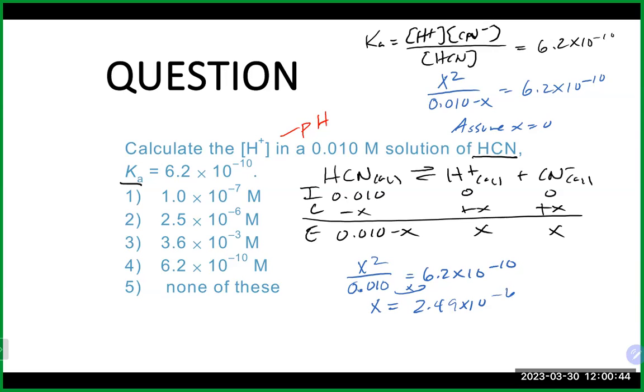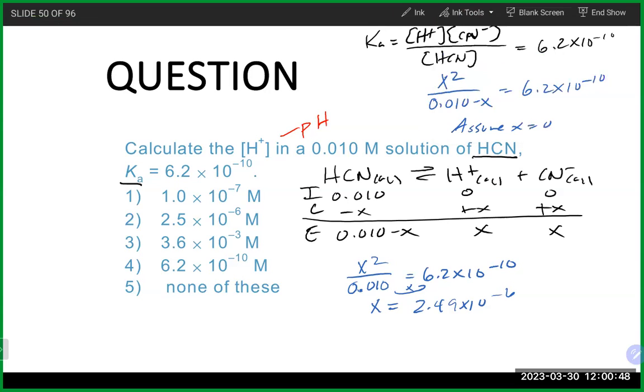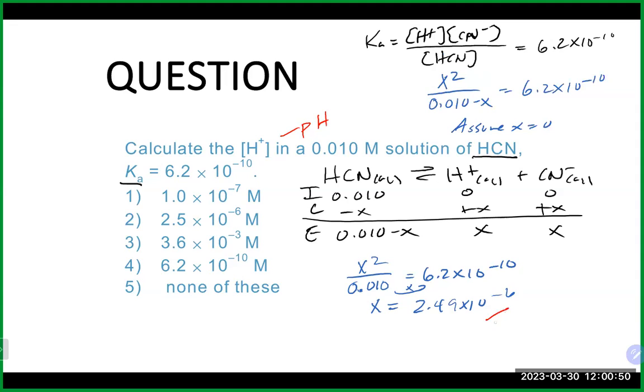Once again here, because we did make the assumption, we do want to check it. And to check it, we're just going to divide it by what our initial concentration was times it by 100. And if we do that, what we will see is we're like 0.02%. So the check here is good. That means that this X value that we got is what we need here for our H plus concentration.